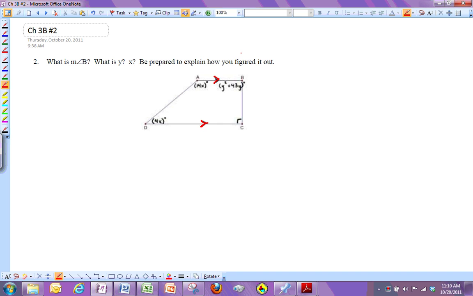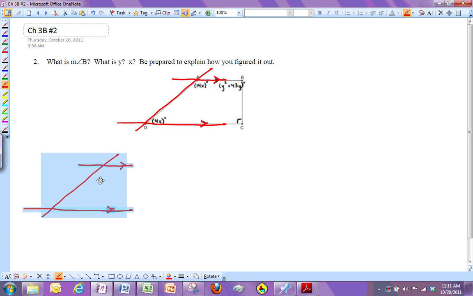If I trace out the lines that form the X angles, then it's this AB, AD, and DC here. So let me take these and slide them over here. And here's where the 14x was, and here's where the 4x was.